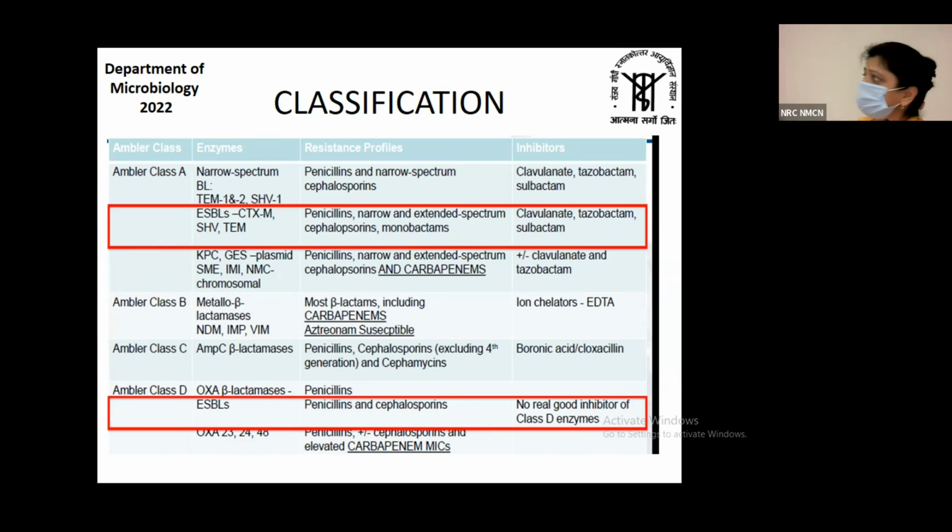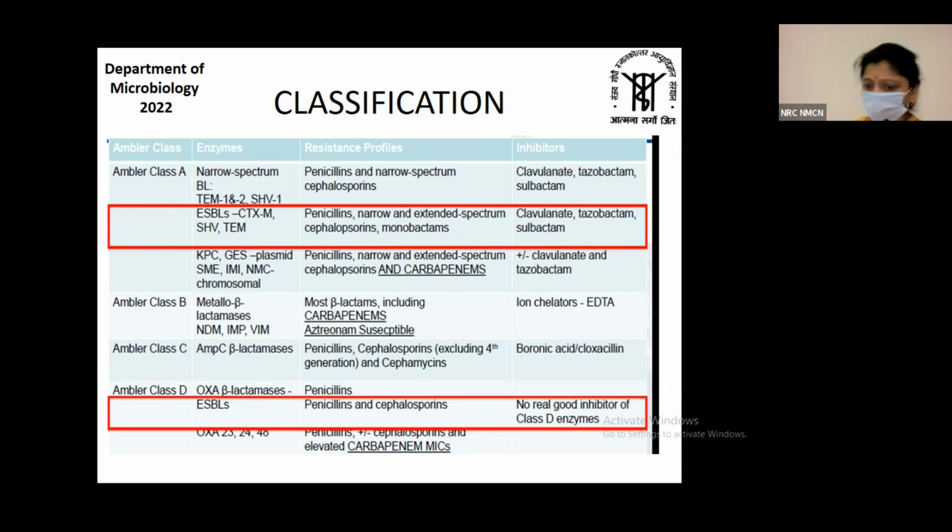Don't think that this is didactic or theoretical. You just see the basic ideas. I know that so many classes have been taken previously, but you just have to understand the interpretation of the drug resistance and susceptibility pattern. So if your isolate is susceptible to carbapenems, that means it is not producing metallo-beta-lactamases. Plus, aztreonam will also be susceptible.